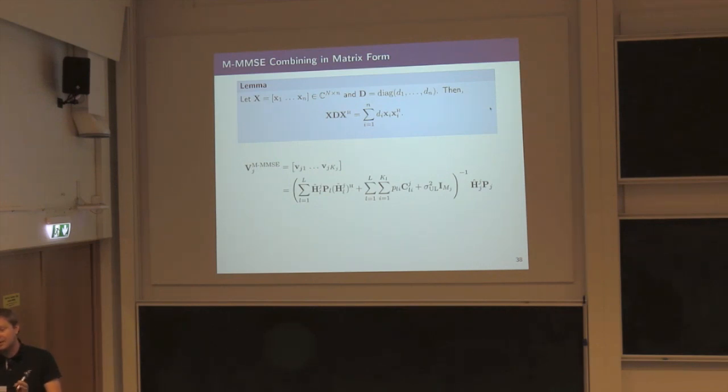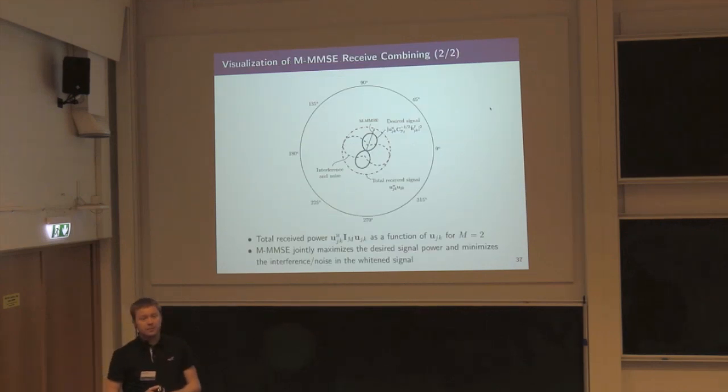It is the same combining vector. It is only a matter of how we illustrate it. In that case, it would look more complicated because you don't get that round circle, but it's the same thing. The whitening and combining are done with regards to the interference plus noise, not only interference, right?